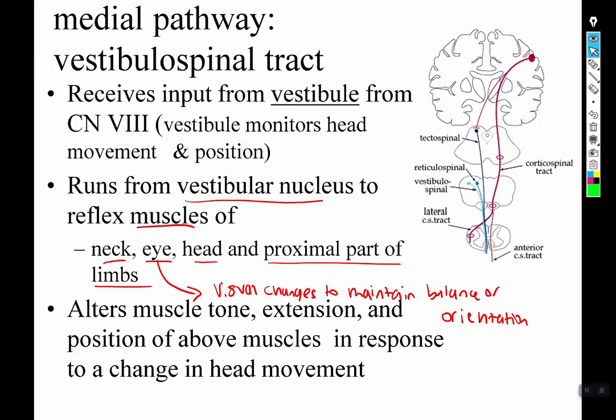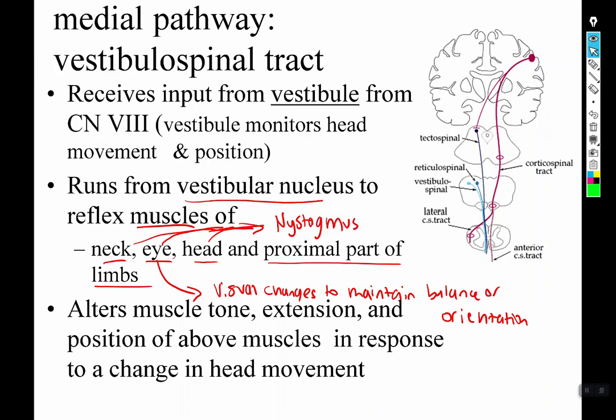An example of eye, head, and neck, specifically eye, is if I put you in an office chair and I spin you around and around, and then I suddenly stop you after a period of prolonged spinning, what you're going to experience is called nystagmus, which is the rapid movement of your eyes back and forth.